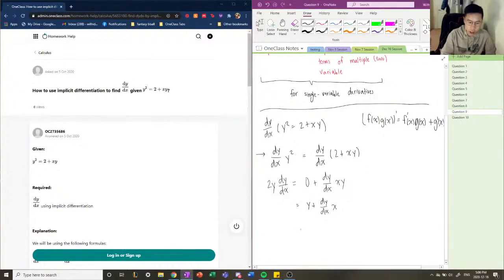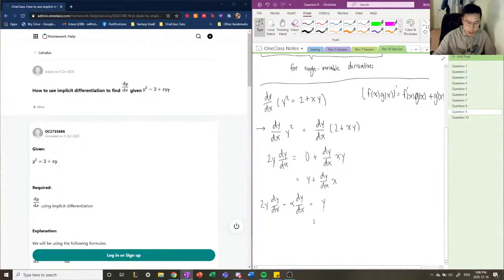So now, at this point of the question, we want to isolate for dy dx. We want to move everything with dy dx to the left-hand side. So we move dy dx times x to the left-hand side, and we get 2y times dy dx minus x times dy dx, and that equals y.